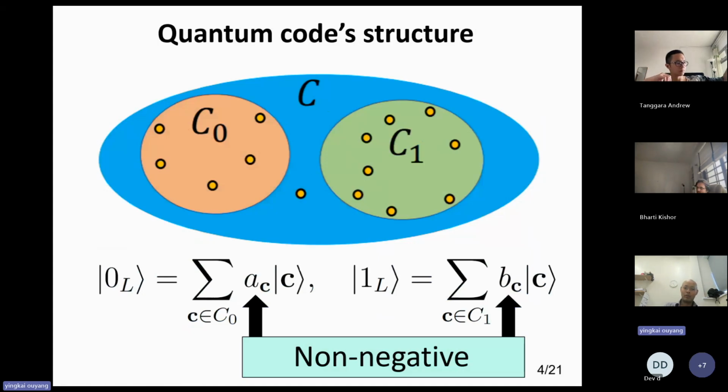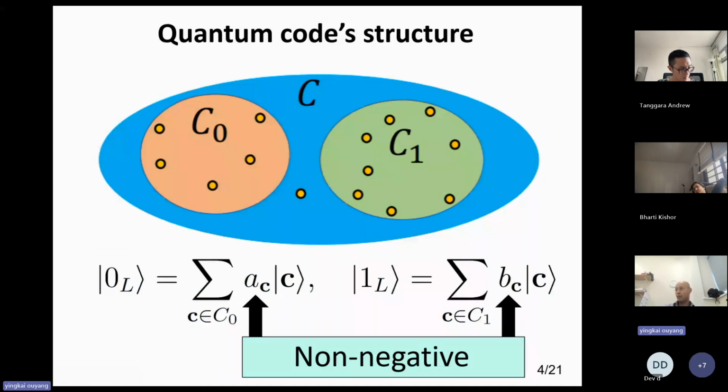From C0, these strings over here, we're going to make the logical zero of our quantum code. Our logical zero is going to be a superposition over the computational basis states that are labeled by these code words in C0. And the logical one is correspondingly going to be a superposition of all of these code words in C1.